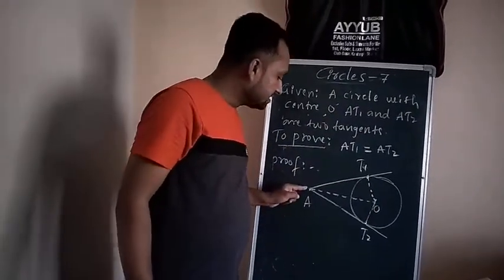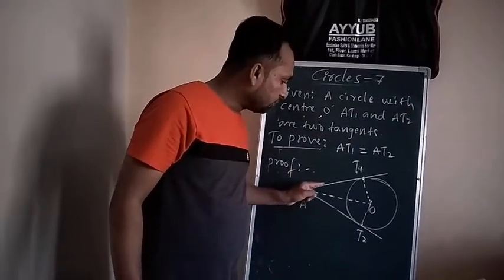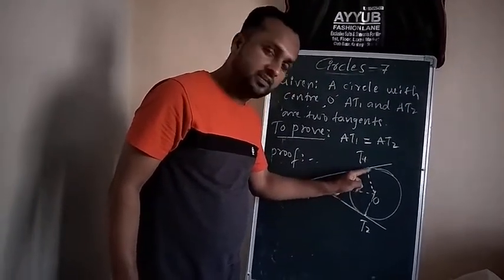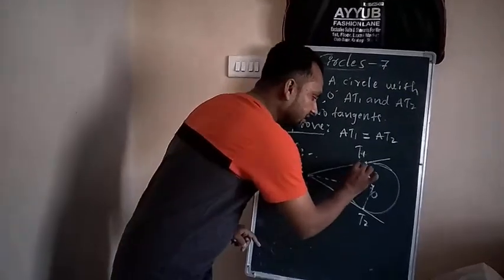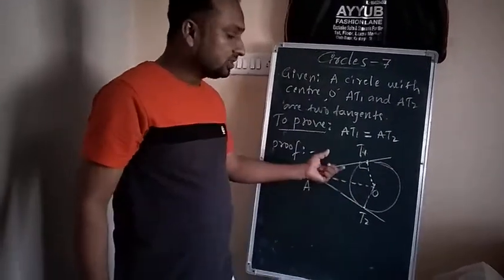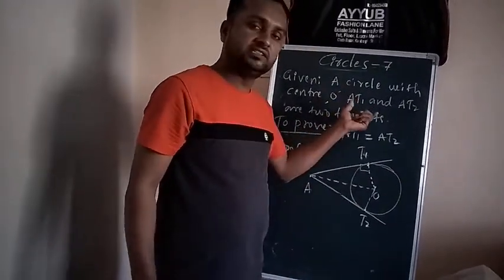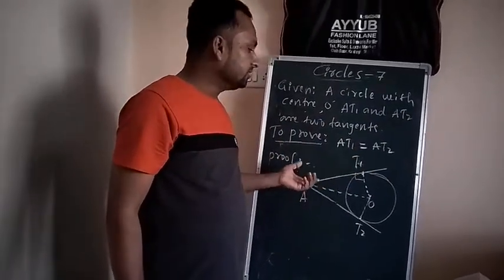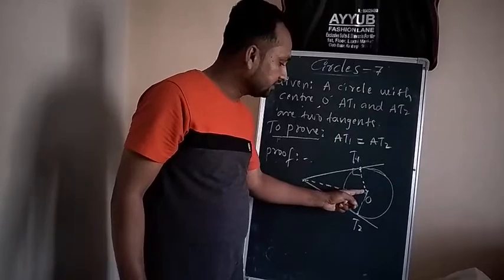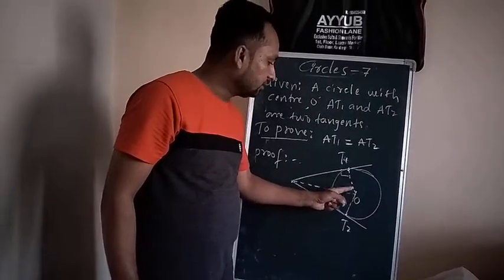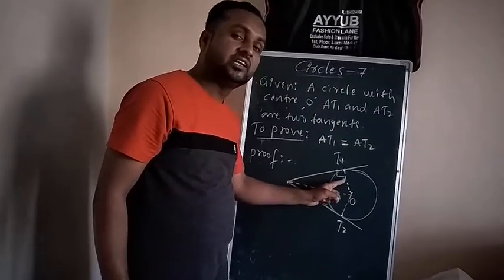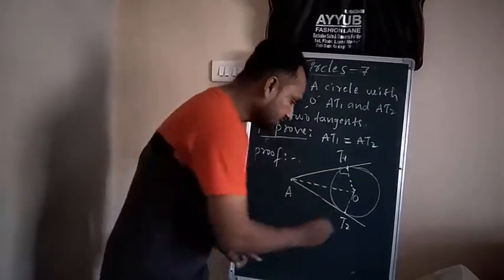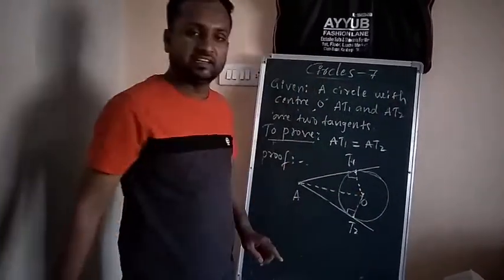Now see, this is a tangent from the point to the circle, and the radius to the point of contact, then these are perpendicular. Because we learned in the previous theorem, theorem number 10.1, that the tangent of the circle and the radius of the circle at the point of contact are perpendicular. Now this is perpendicular, and this is also perpendicular, meaning 90 degrees.